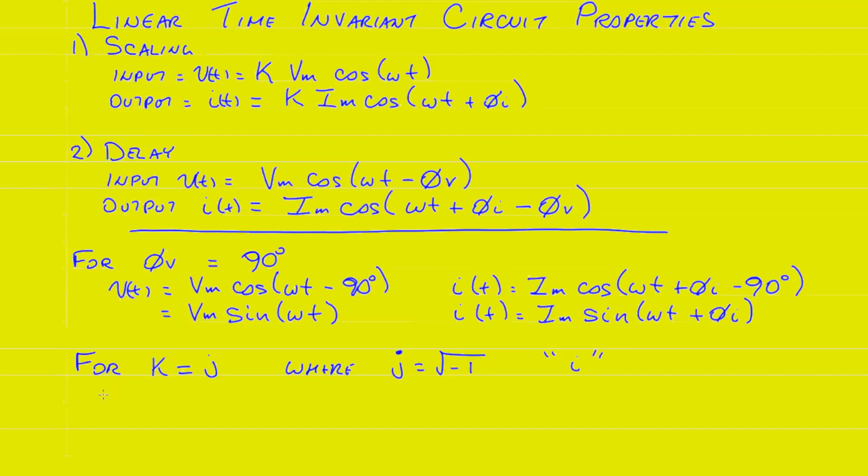Now in this case then, V of t will be equal to j times Vm sine omega t, and the resulting output, I of t, will be equal to j Im sine omega t plus, again, that same phase shift we had before.